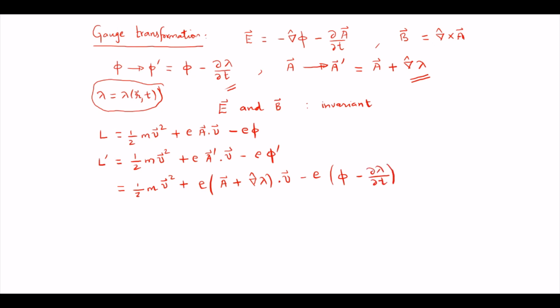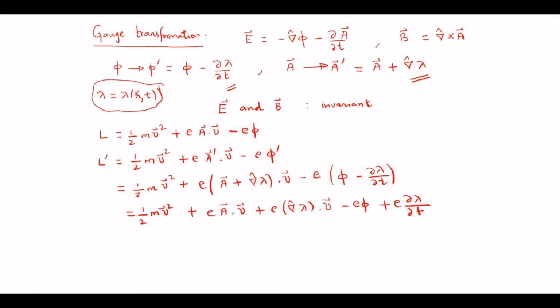So this becomes 1 by 2 m v square plus e A vector dot v plus e gradient of lambda dot v vector minus e phi plus e partial lambda by partial t, okay.